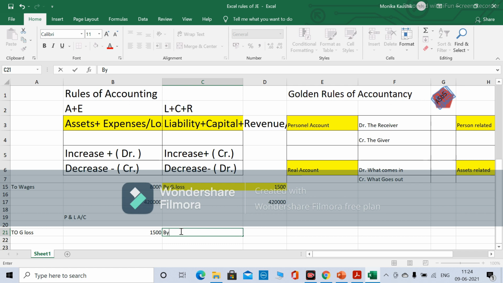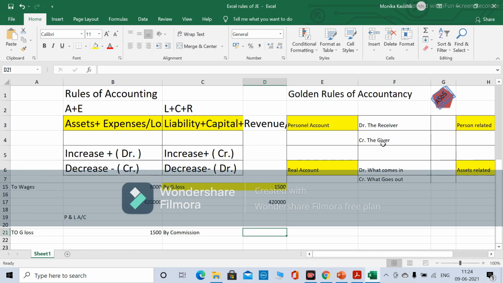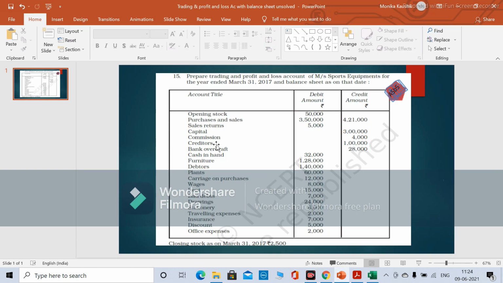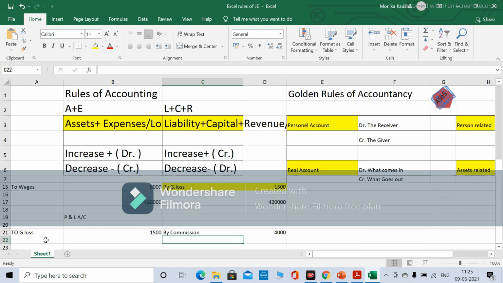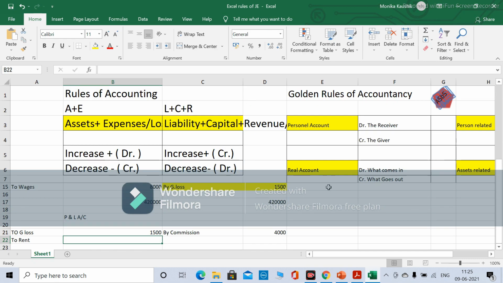I will write down by commission, this is 4000 rupees. Creditors, liability, bank overdraft, furniture, debtors, plant, carriage on purchase, wages, rent. Now rent is an indirect expense and will always come here in the profit and loss account. So this is 8000 rupees.